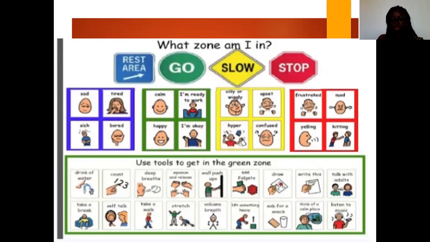Are you counting 1 to 10? Are you taking a deep breath? Are you taking a break? Maybe you're writing, you're tired, you want a break. The teacher or whoever you are with should understand that you want a break. So you should also communicate that feeling to the teacher. All this we have to teach the child.